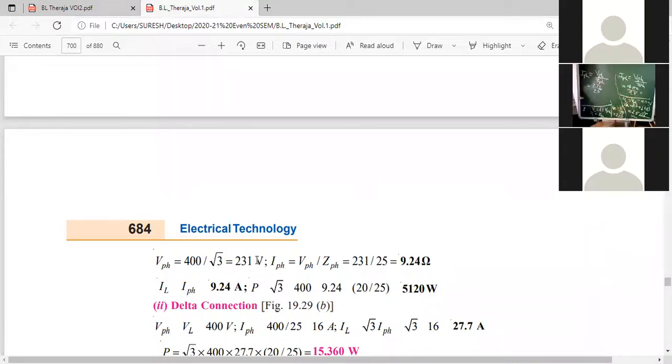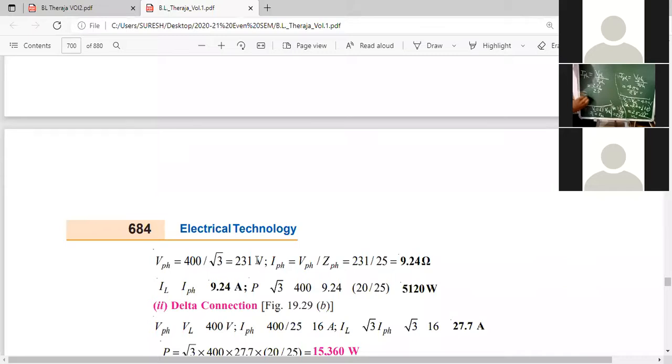See the difference. Here I phase is 231 by 25. Here I phase is 400 by 25, because VL is equal to V phase in delta connection. But in star connection, V phase is equal to VL by root 3. So there is difference in the phase currents.